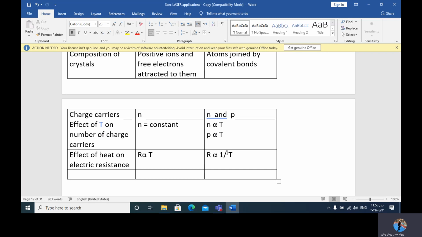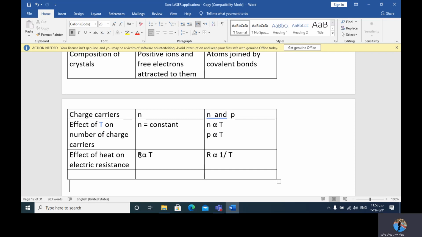If the temperature increases, the resistance also increases, and we know from chapter 1 that's because the random moving electrons collide with each other, and this prevents a smooth movement of electrons, which means that the resistance will be higher. So if the temperature increases, the resistance increases.